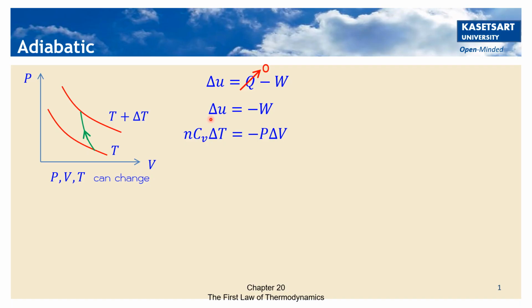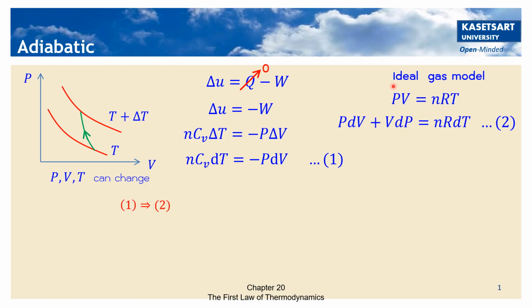Then the internal energy change equal to the work. Then if we put the internal energy equal to nCv delta T and work equal to P delta V, change from the parameter delta into differentiate dT and dV.